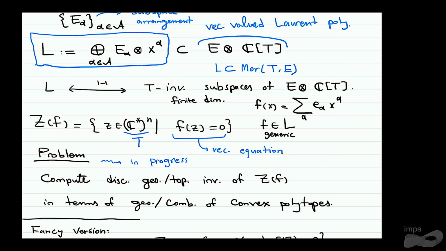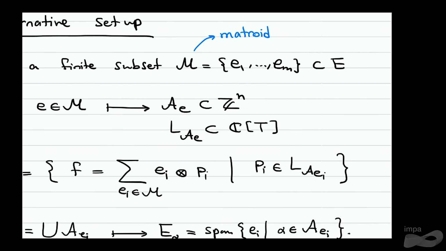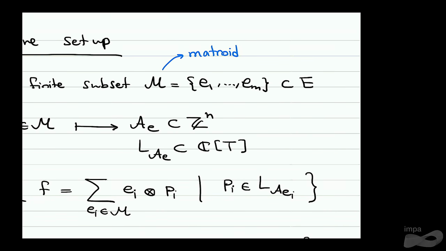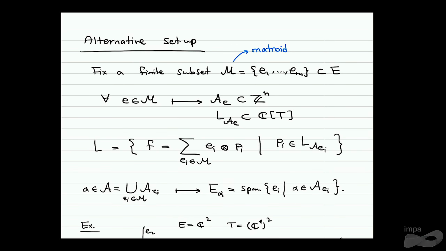Okay. And yes, the matroid setup is that you pick a finite set of vectors. These are normal vectors to the hyperplane arrangement Kris was talking about. So you have a finite set of vectors in a vector space, and to each element in your matroid you can assign a finite set of characters or a polytope Pi.